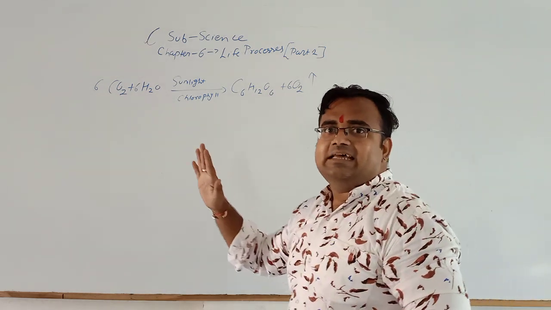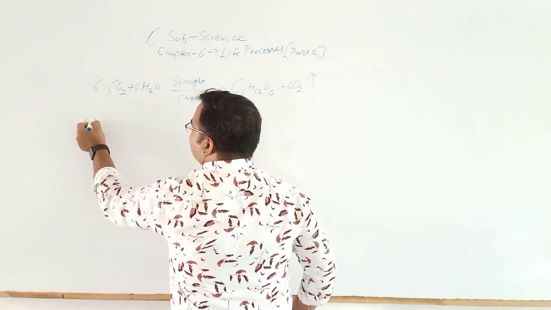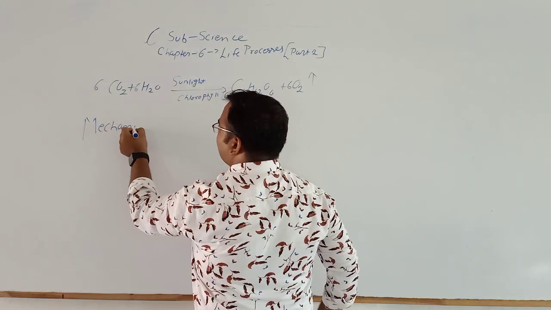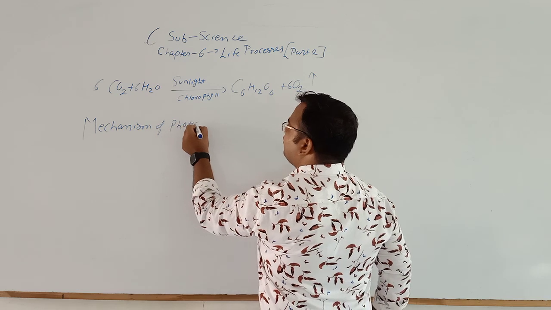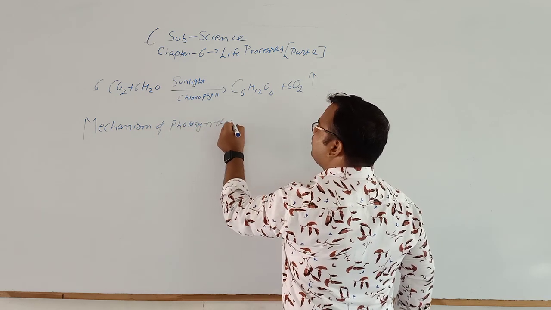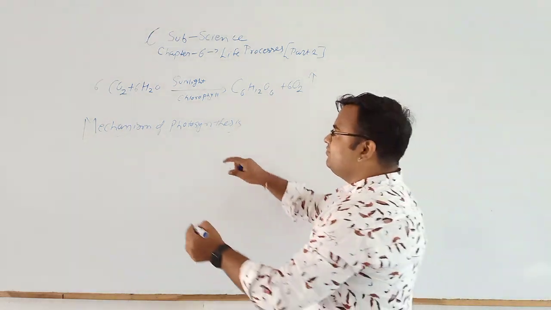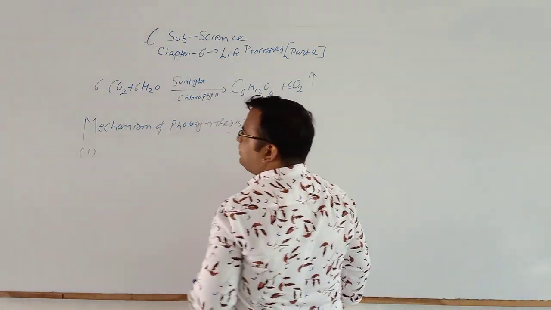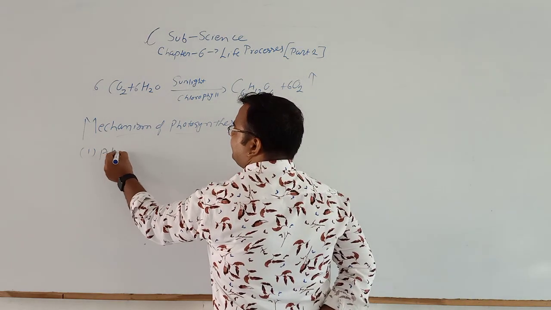Now we'll see the mechanism of photosynthesis. The mechanism for the process of photosynthesis. The first step in the mechanism of photosynthesis is absorption of sunlight.